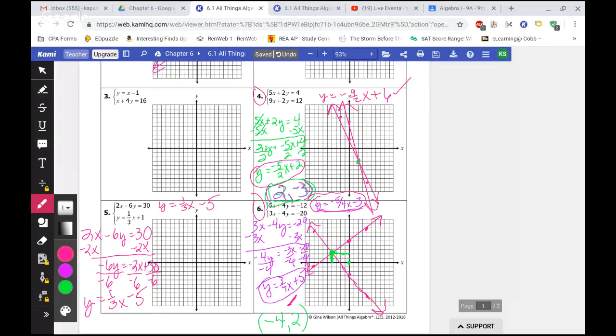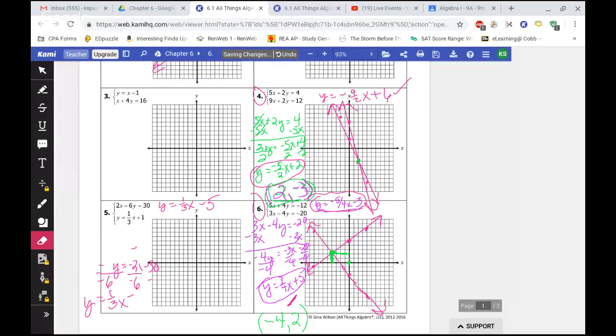And hey, just a reminder of the last unit. I already know these lines are going to be parallel. How do I know that? Because they have a negative slope. Well, not because they have a negative slope, but because they have the same slope, right?